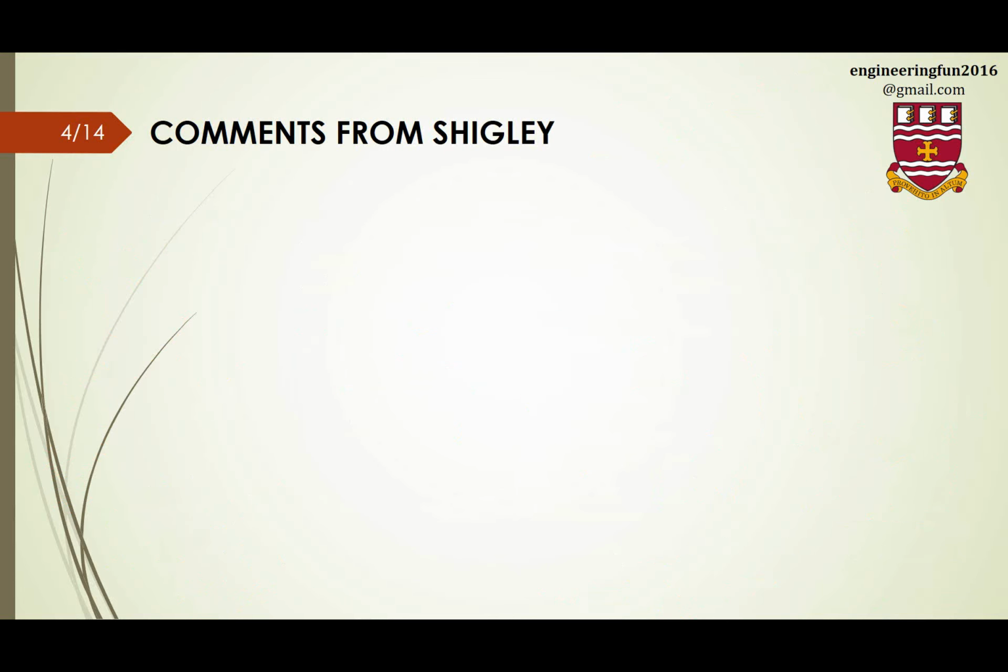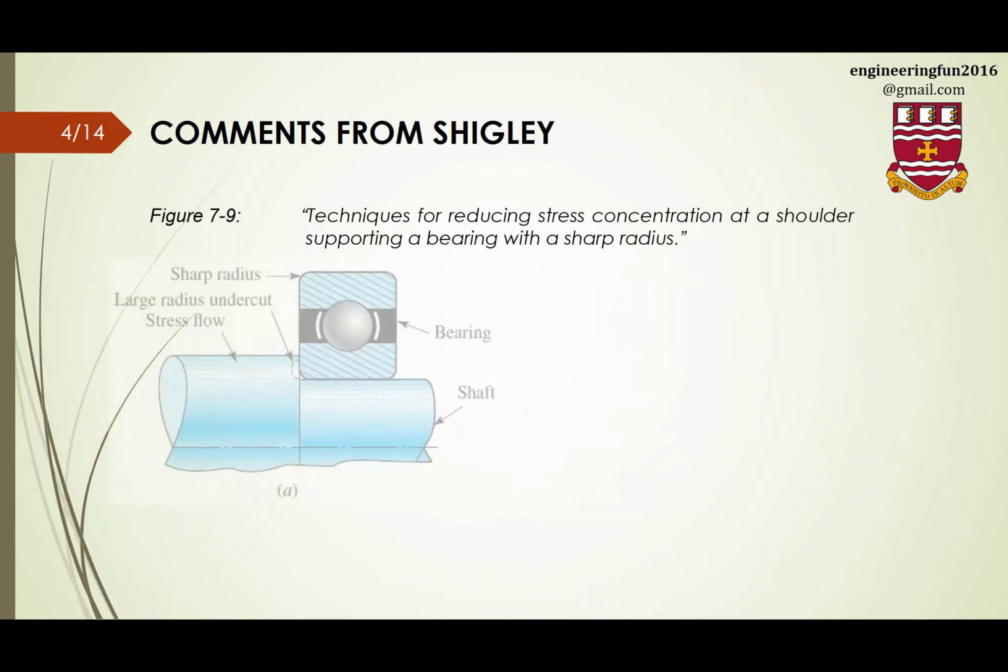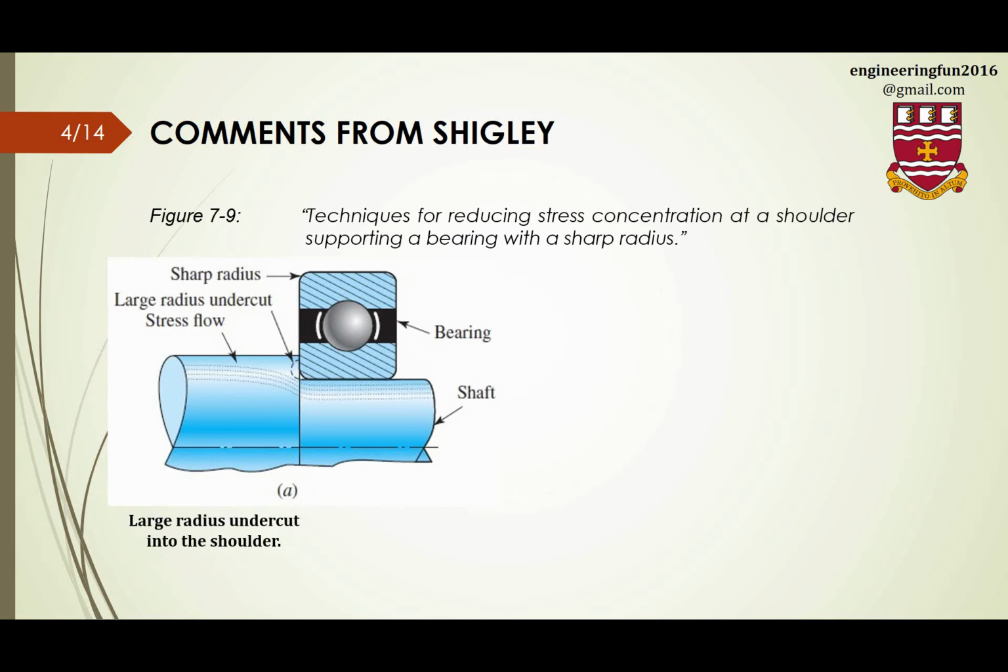Okay, so figure 7.9, that's another important figure in this chapter, and it shows the different techniques to reduce stress concentration at a shoulder supporting a bearing with a sharp radius.